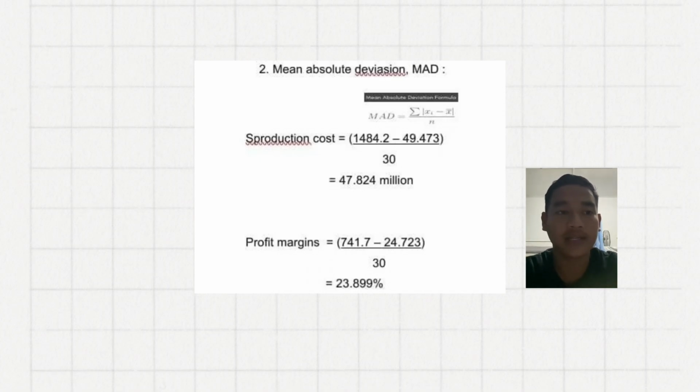The MAD of production cost is 47.824, and the MAD for profit margins is 23.899. So we see the production cost is higher than profit margins.